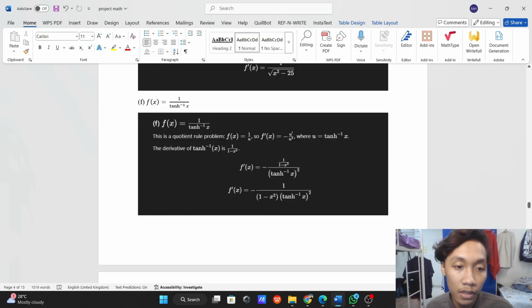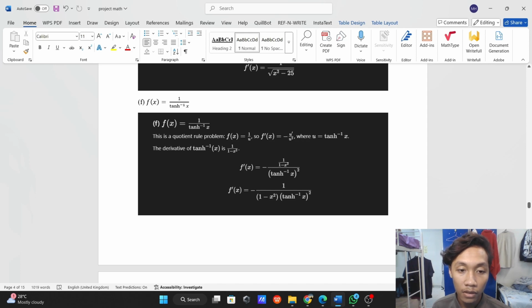So the last question is f(x) equals 1 over tanh inverse x. So we must use the quotient rule. So our f prime x is negative u prime over u squared, where u is tanh inverse x.